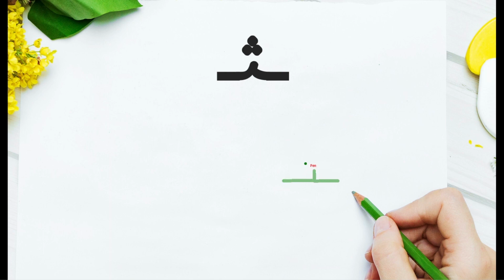The 3 dots go above the vertical line. From the connecting segment, up, bend down, then across.